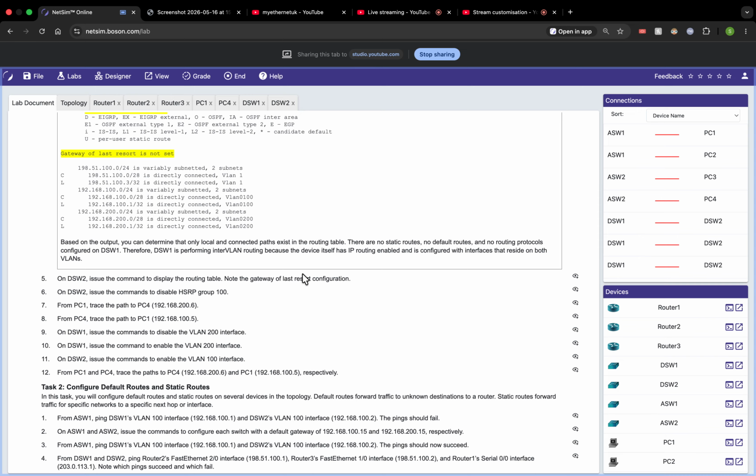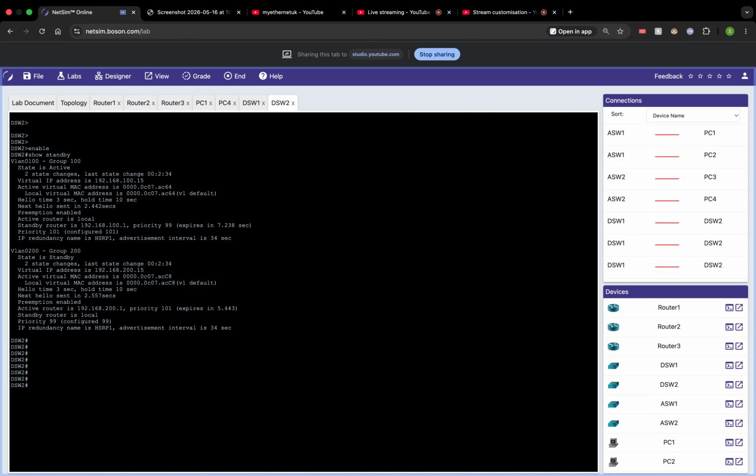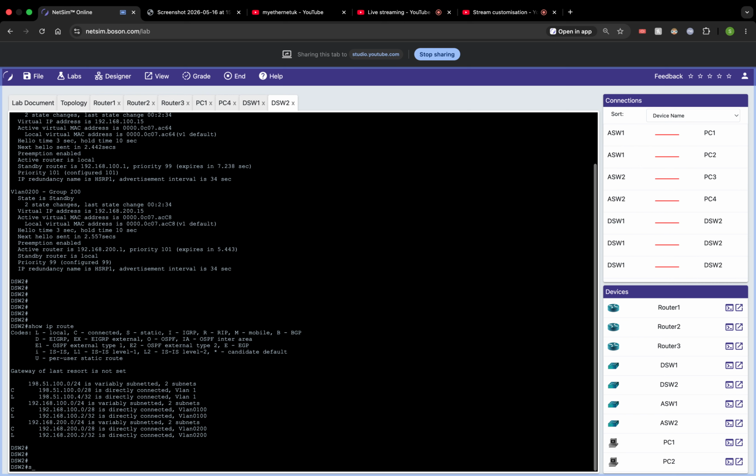You can see routes to 51.100, 68.100, 68.200. So let's have a look at what it's talking about here. It's not set, so the question is slightly misleading. You can determine that only local and connected routes exist in the routing table, and there are no static routes, no default routes, and no routing protocols configured on DSW1.